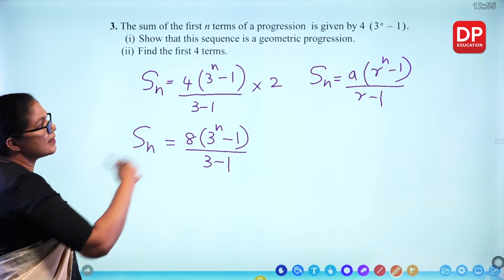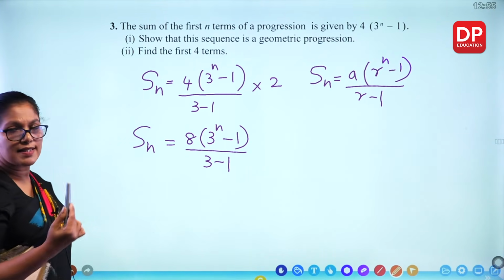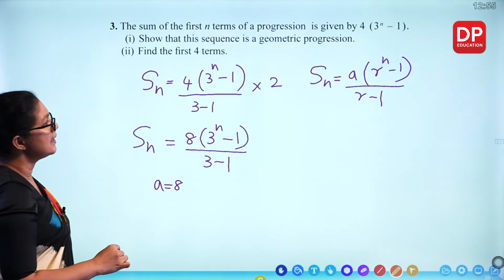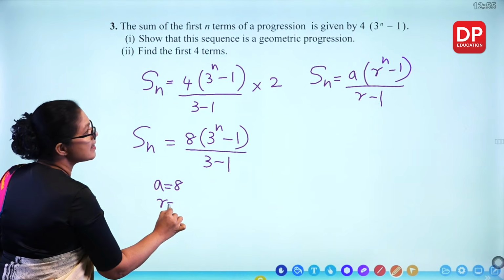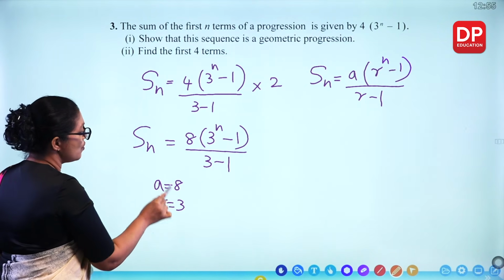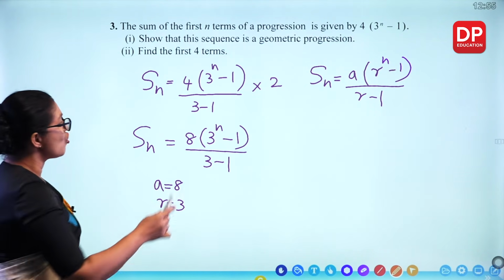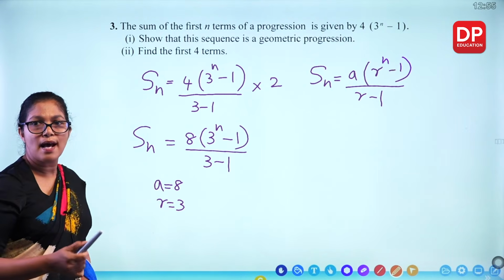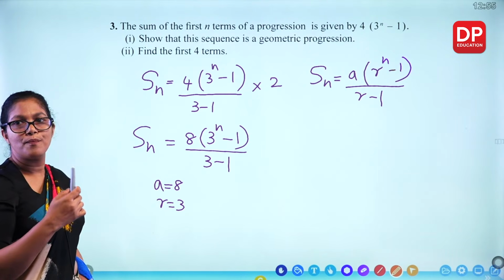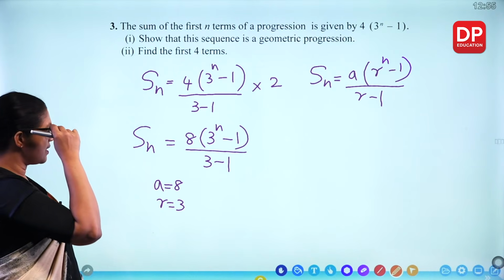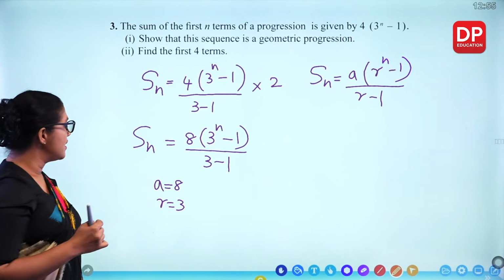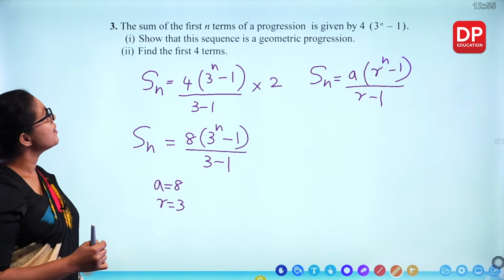Now look at the formula. What's the a value? a is 8 and r is 3. So this is a geometric progression because you get the sum in this form. The first term is 8 and the ratio is 3.